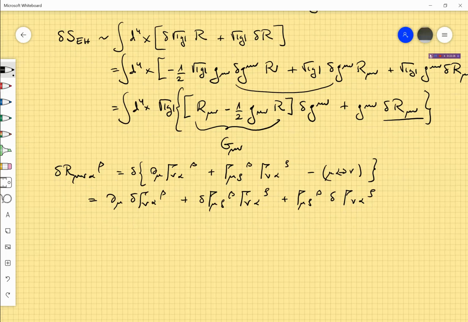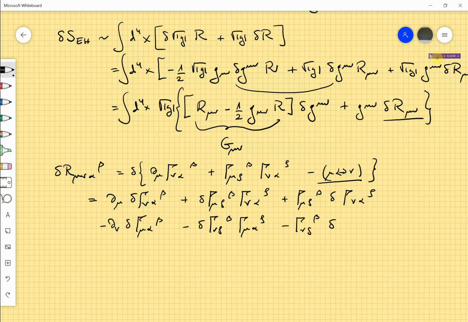And let me also write the other two terms, the ones that I find by interchanging mu and nu and with opposite sign. So this is just delta gamma mu alpha beta minus delta gamma nu rho beta gamma mu alpha rho minus gamma nu rho beta delta gamma mu alpha rho. Okay, then let's collect.